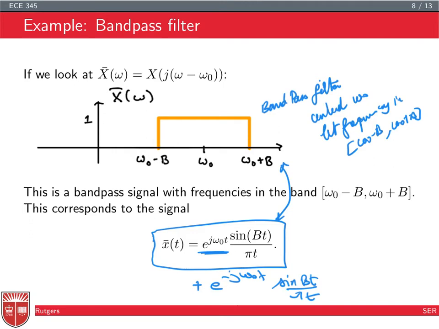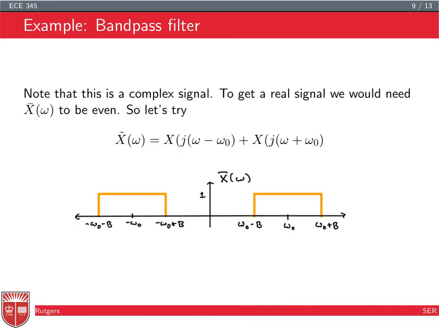You probably have to multiply by 2 to keep the gain at 1, because here you get 2 times something. So I'm adding the signal and its conjugate, which is another shift by minus omega 0.